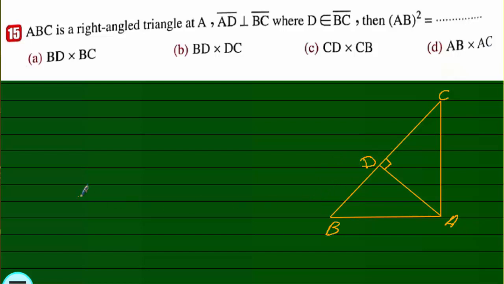So AB squared equals its projection BD multiplied by the length of the hypotenuse BC. Okay, so we have BD multiplied by BC, and the answer is letter A.